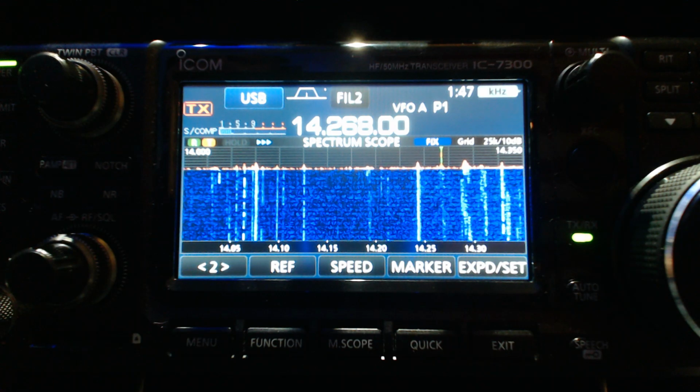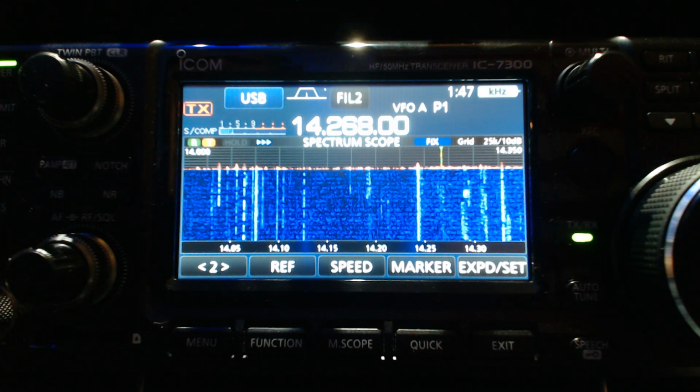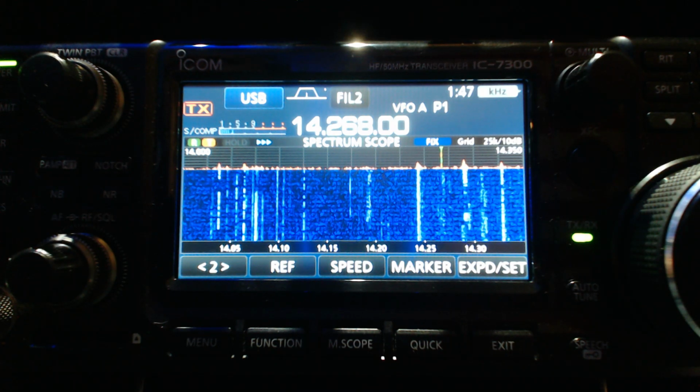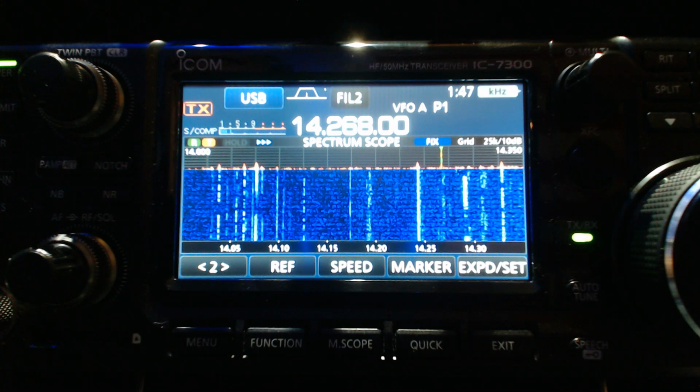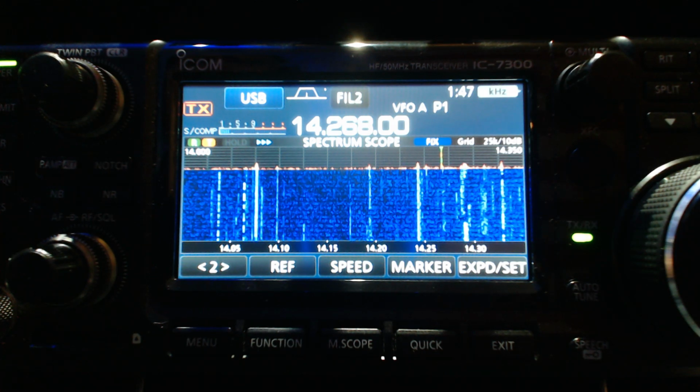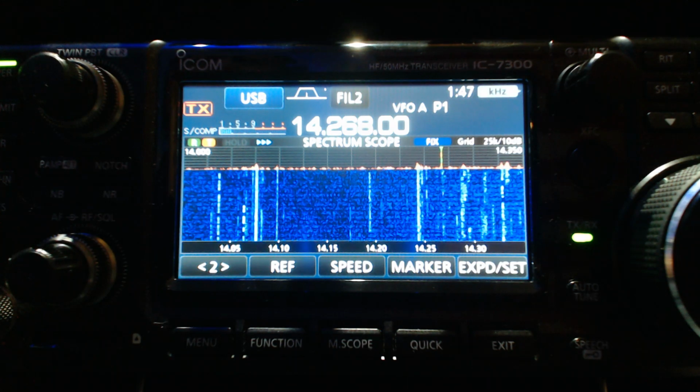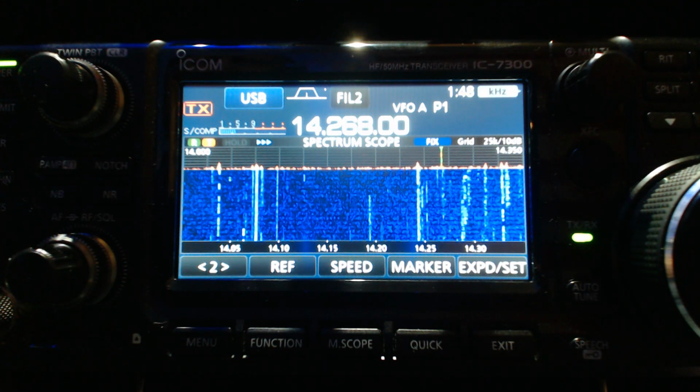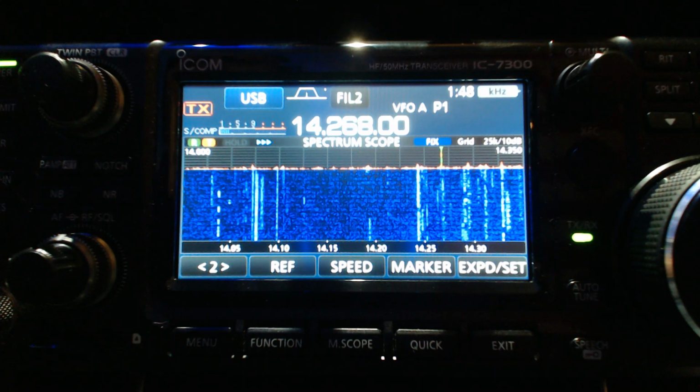For CW, tone is a critical part of the report as it provides insight into the quality of the Morse code transmission. For sideband, tone isn't usually reported. You don't ever hear that. So you'll just be concerned with readability and strength.